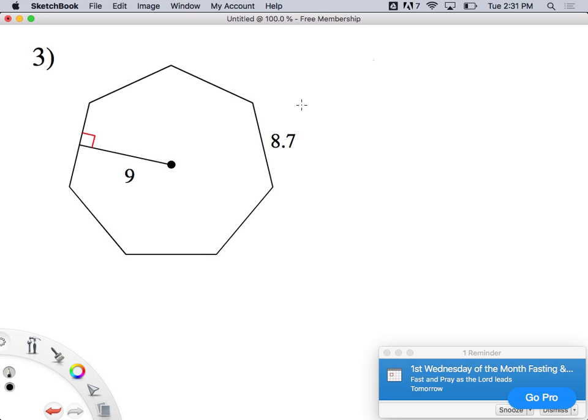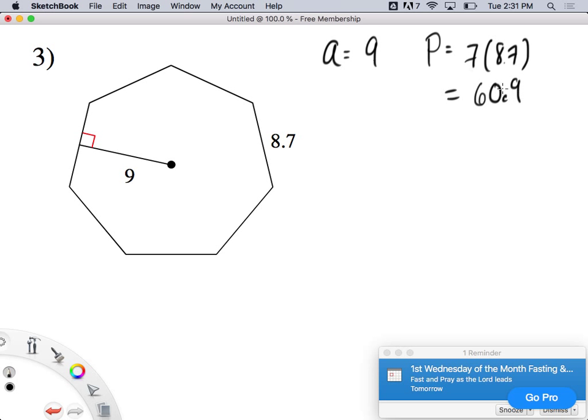You find the apothem first, which is 9. The perimeter is, how many sides? 6 times 8.7, sorry, 7 sides.